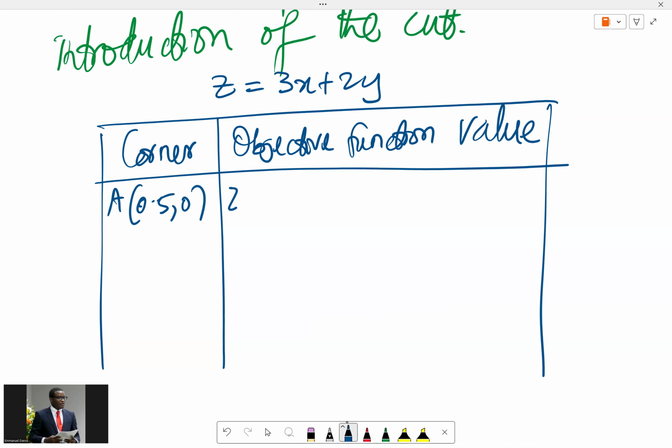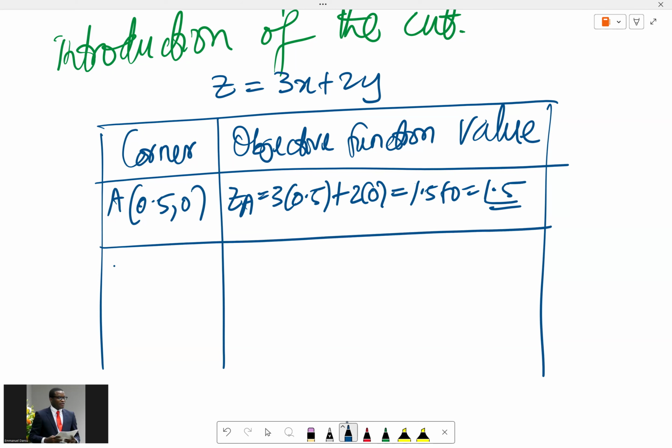So that means we have ZA to simply be 3 into 0.5 plus 2 into 0. That is 4.5, right? That's actually 1.5, sorry. That's 1.5 plus 0, and that is 1.5. Then we have B. B is 1.5 comma 2, just like what we had before. So ZB now is 3 into 1.5 plus 2 times 2.